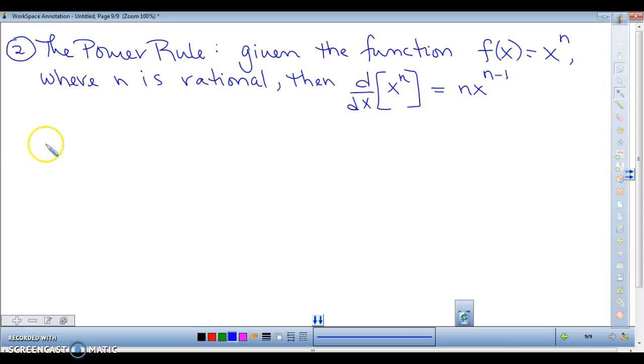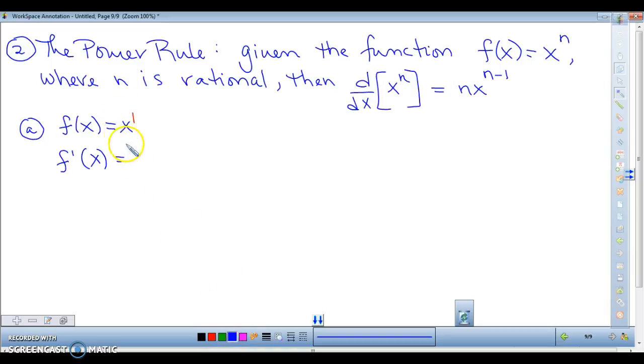Okay, so for instance, I'll show you some quick examples here. Let's say that f of x is just equal to x. Then your f prime of x would be equal to, here we go, you have an understood power of 1.